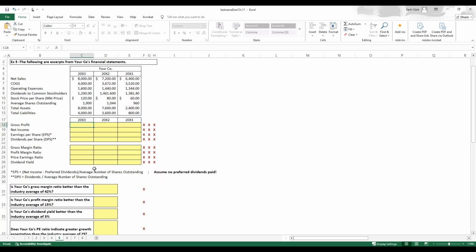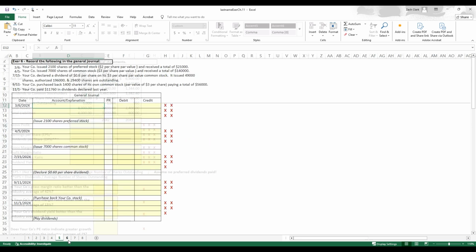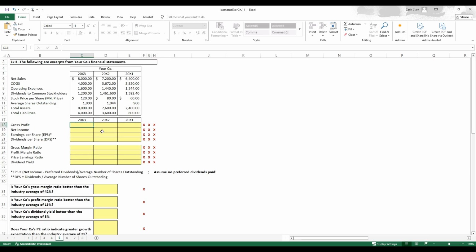Okay, so let's look at some ratios for this chapter. So we have gross profit. We've been doing this one for a long time. So remember, that's going to be our net sales minus cost of goods sold. I don't think I can link, it doesn't let us link into those.